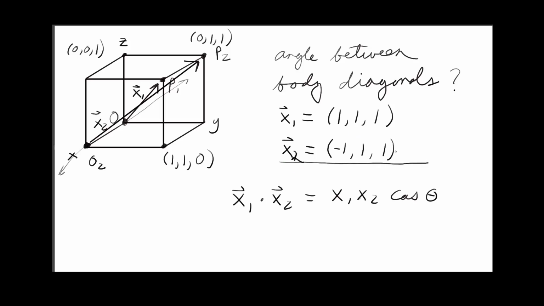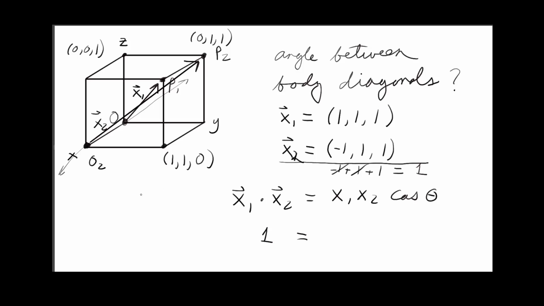I'm just going to draw a line under the x1 and x2 definitions. Now if I take 1 times negative 1, that's just negative 1, plus 1 times 1 is 1, plus 1 times 1 is 1. So two of the terms cancel, and you're left with 1. So the scalar value of the dot product is 1.